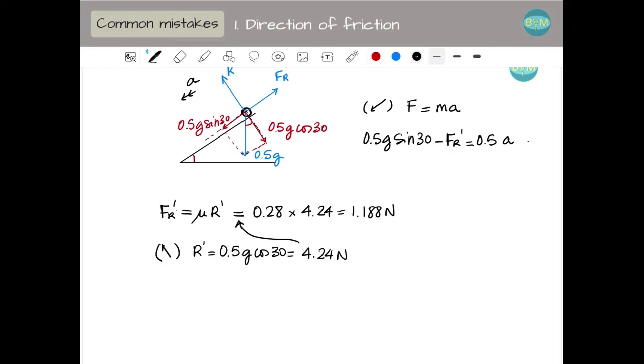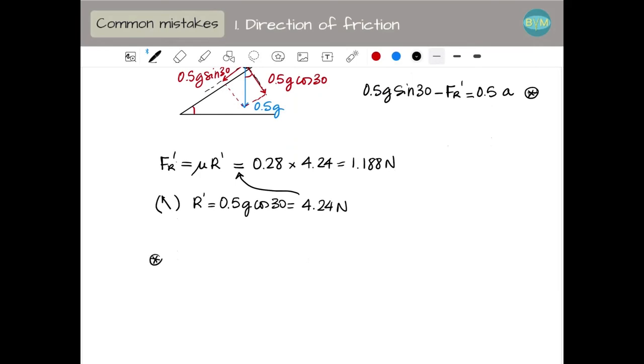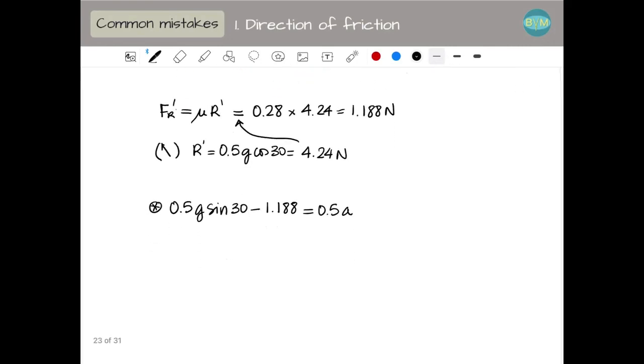So if I come back here, I have that 0.5 g sine of 30 minus the new friction, minus 1.188 newtons, is going to be 0.5a. From here, if I solve for a, I have that acceleration is 2.52 meters per second squared down the hill.